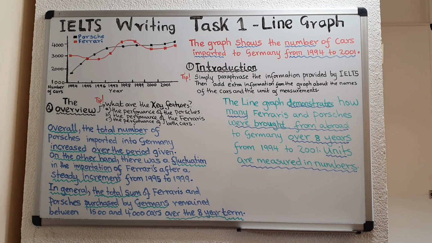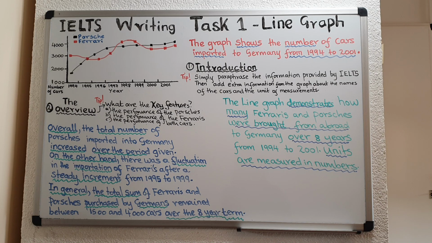Now, we have talked about the first key feature, that is the performance of the Porsches. We have also talked about the performance of the Ferraris, and now we move on to the third key feature, and that is the performance of both cars.